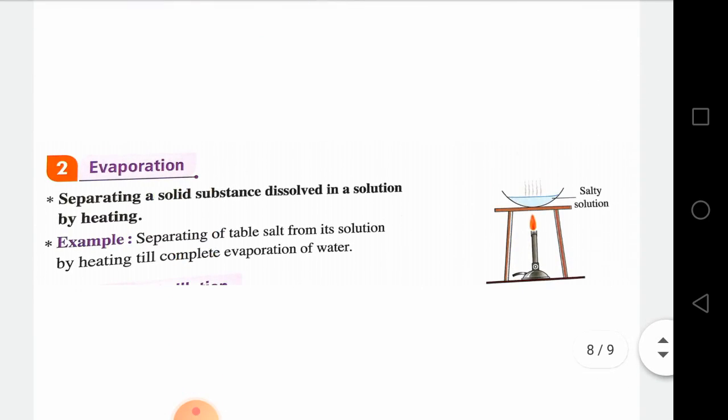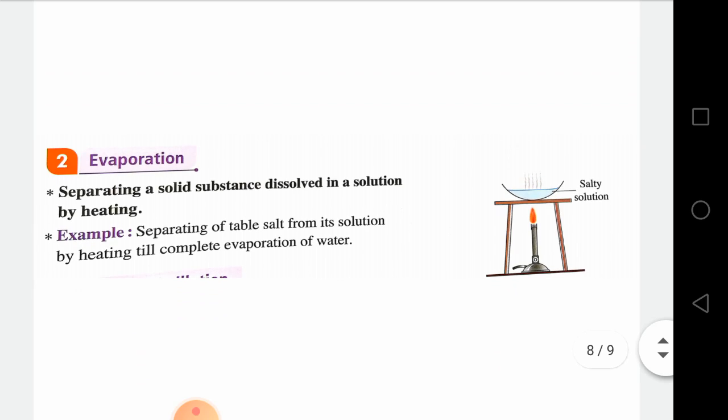The second method is called evaporation. This method is used to separate a solid substance dissolved in a solution by heating. Here our target is to collect the solid substance which is dissolved in another substance, for example water, but in this method we use heating.